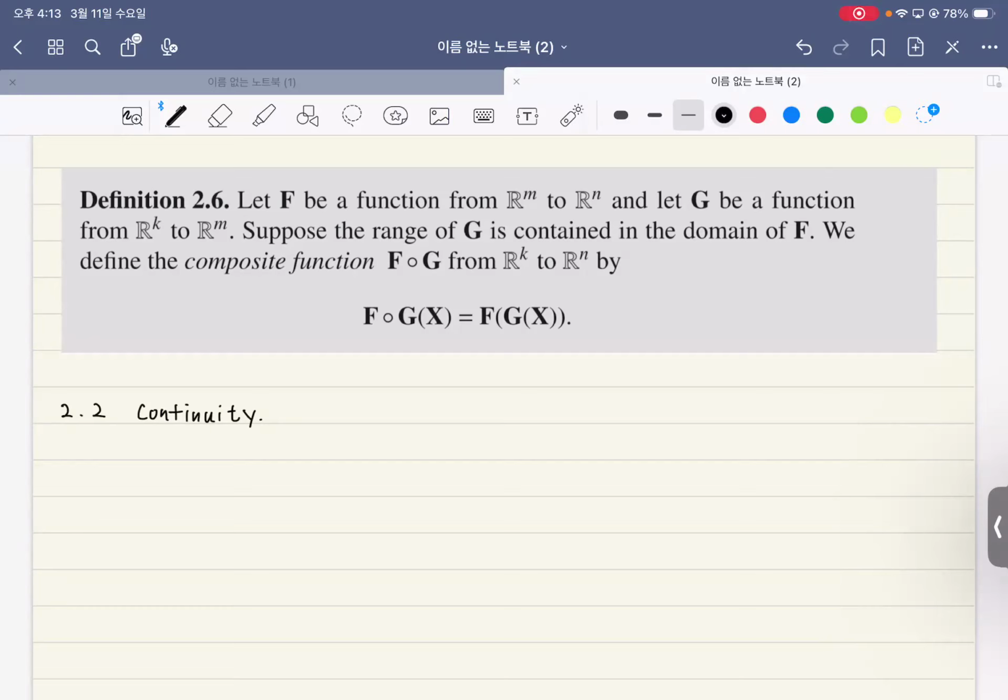Speaking of continuous functions, do you remember the epsilon and delta argument from your freshman calculus?